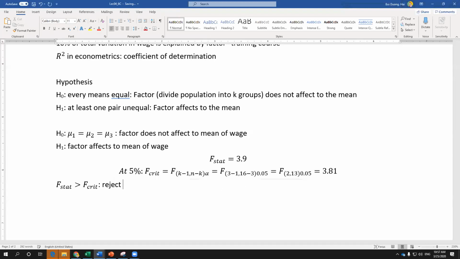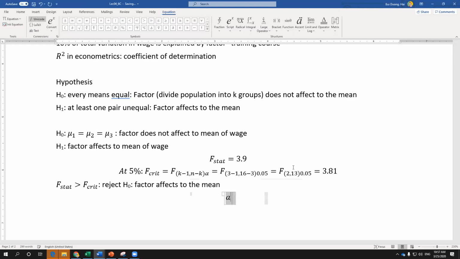Reject H0. Therefore, the factor affects the mean. However, at 1%, F critical, how much?